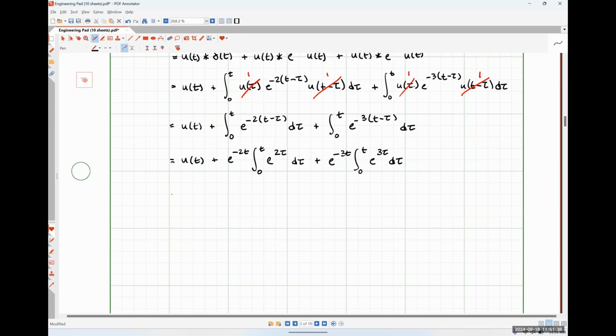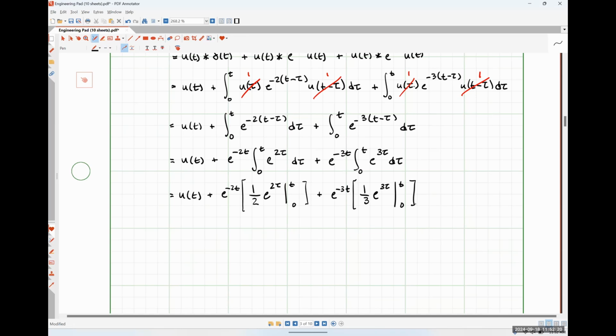So this should look like u of t plus e to the negative 2t multiplied by 1/2 e to the 2 tau evaluated at t and 0, plus e to the minus 3t multiplied by 1/3 e to the 3 tau evaluated at t and 0. Are we okay with that?